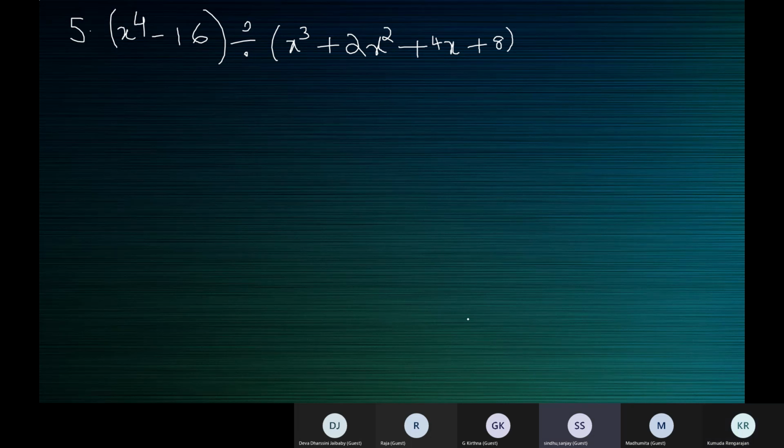Ma'am, for me, I got the answer as x minus 2, ma'am. Who got x minus 2? Sanjay, ma'am. And the other one, x square plus 4, Sindhu, is it? Yes, ma'am. Okay. What about the others? Ma'am, I'm doing the second step, ma'am. Okay, I'll wait for 2 more minutes, children.